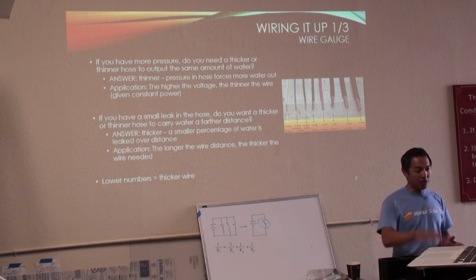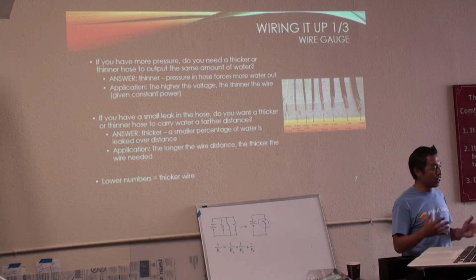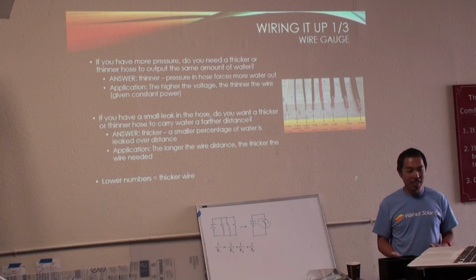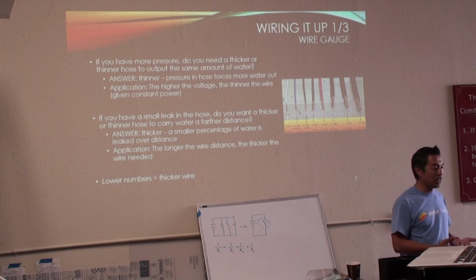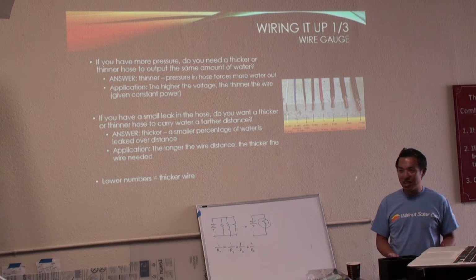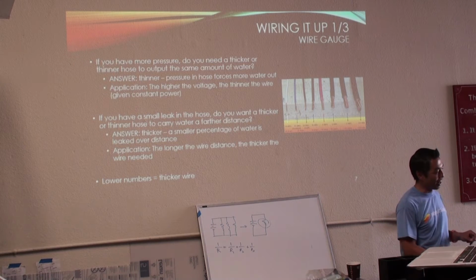Now, if you have the same amount of power, and you change the voltage to a higher voltage, what do you get? You get lower current. If you have lower current, it means that you could use a thinner wire because you don't have to drive as much current through the wire.